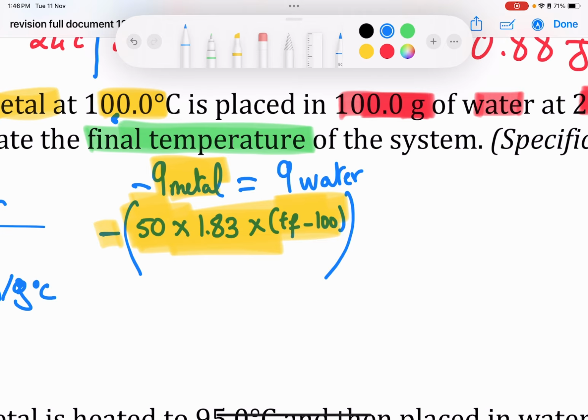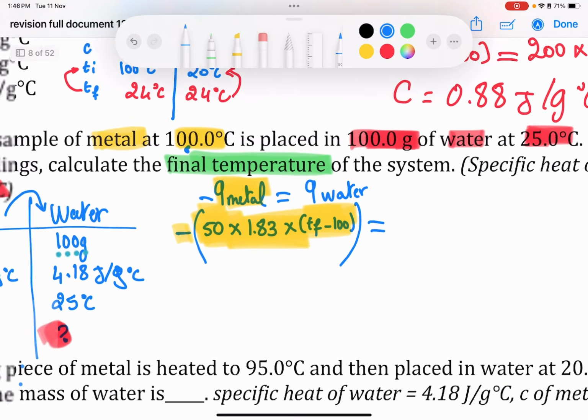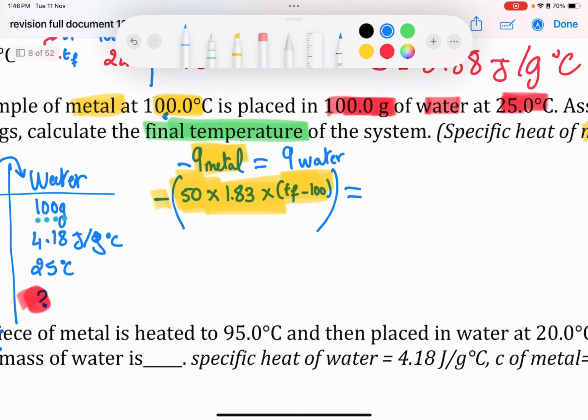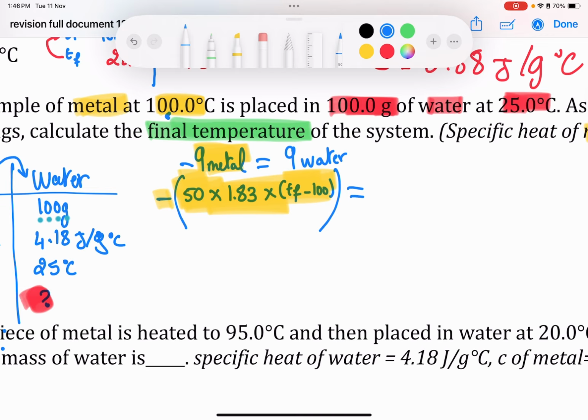Now, equal. Now I'm going to start substituting for water. Q equals MC delta T. So the mass of water is 100 grams. The specific heat capacity of water is 4.18. And the temperature change is T final minus T initial. T final, I don't know it, and minus T initial, that's 25.